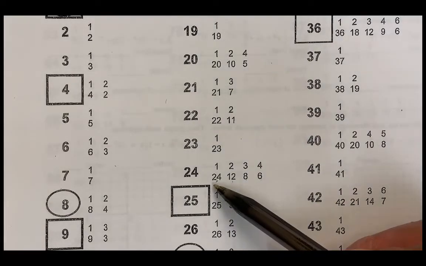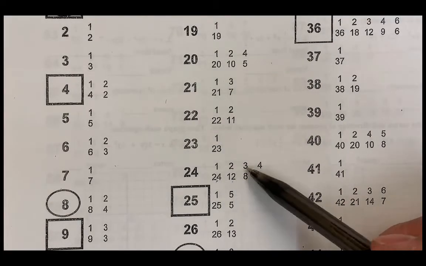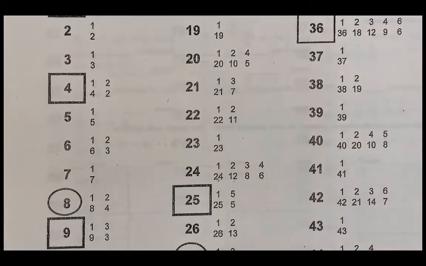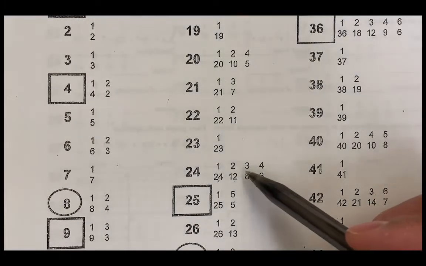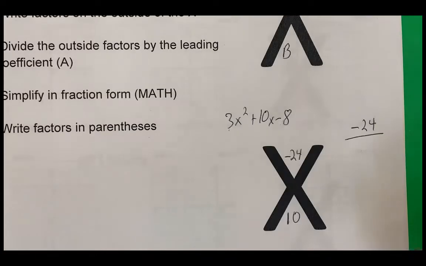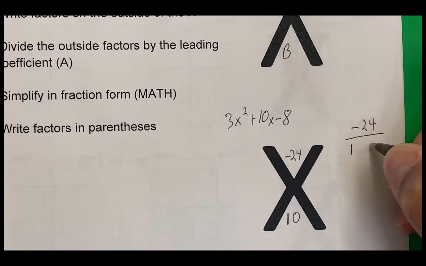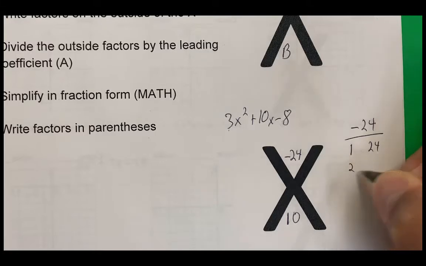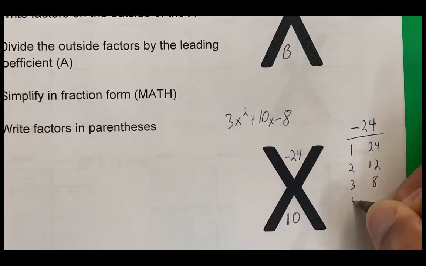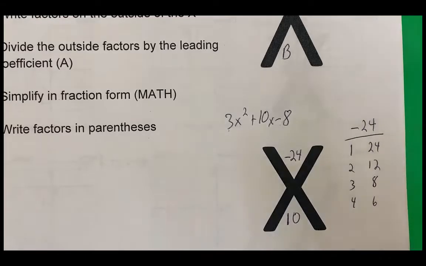So 1 times 24 is 24, 2 times 12, 3 times 8, 4 times 6, and so on. So we're going to list these all out, okay? 1, 24, 2, 12, 3 times 8, 4 times 6, okay?